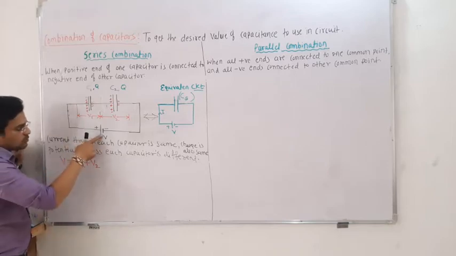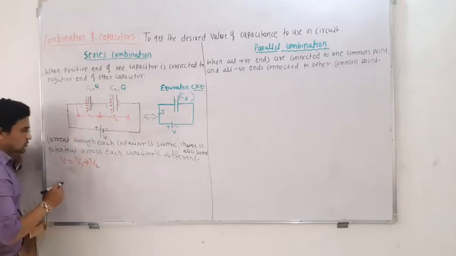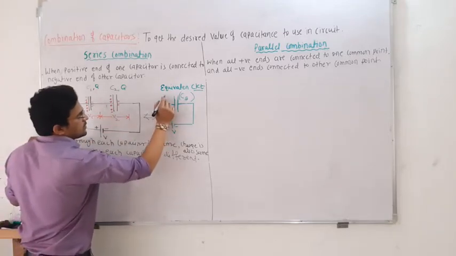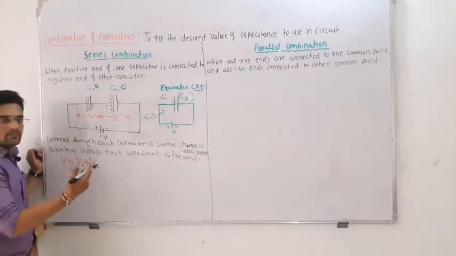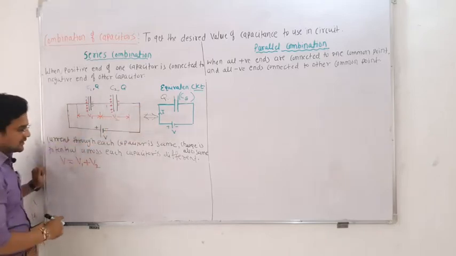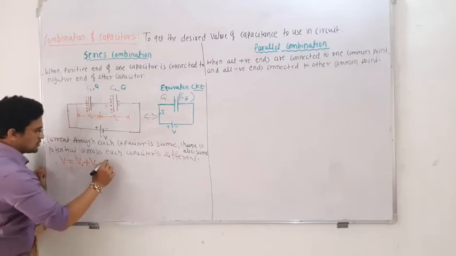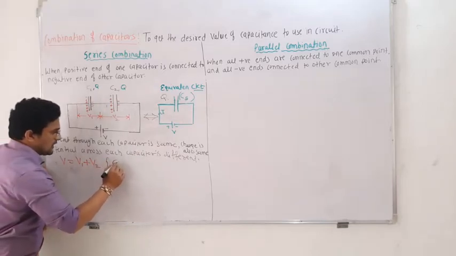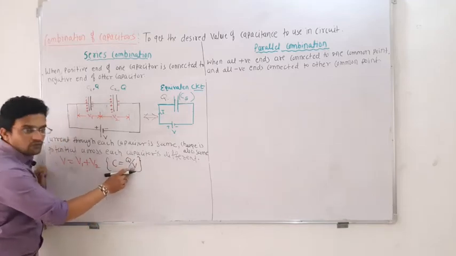The total potential is the sum of the potential across C1 and the potential across C2. The total charge Q is the same. So for the equivalent circuit, we know capacitance is equal to charge per voltage.